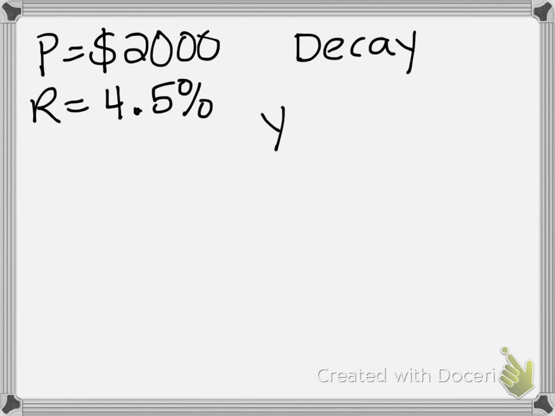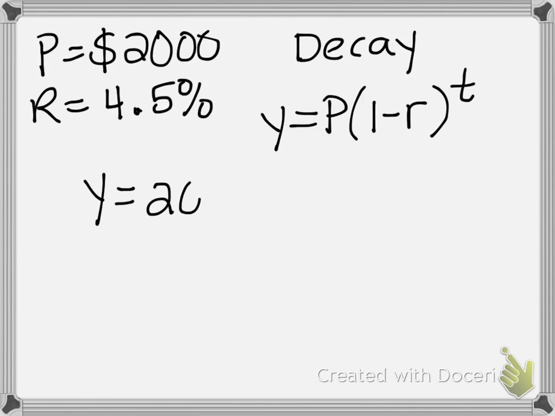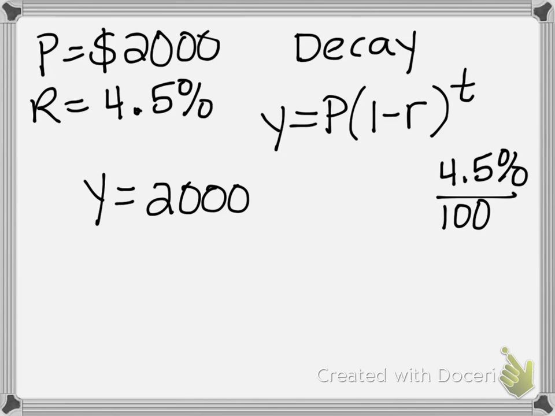So remember, decay is y equals p times 1 minus r raised to t. So this is going to be y equals 2,000. My 4.5% divided by 100 is going to equal 0.045. Same thing, except this time I'm going to be subtracting.